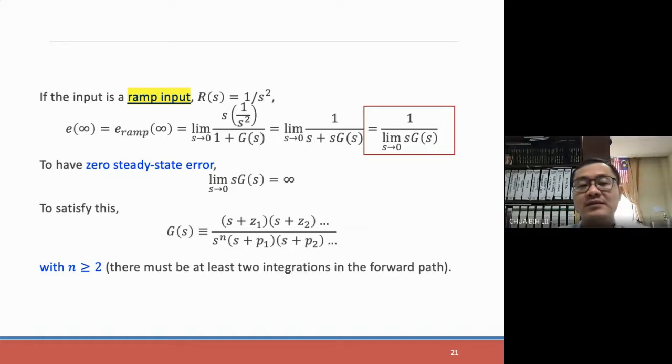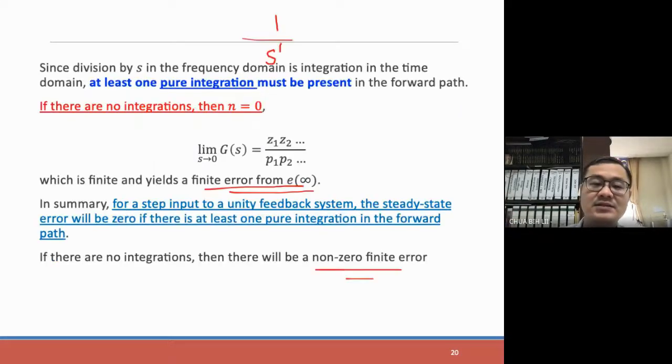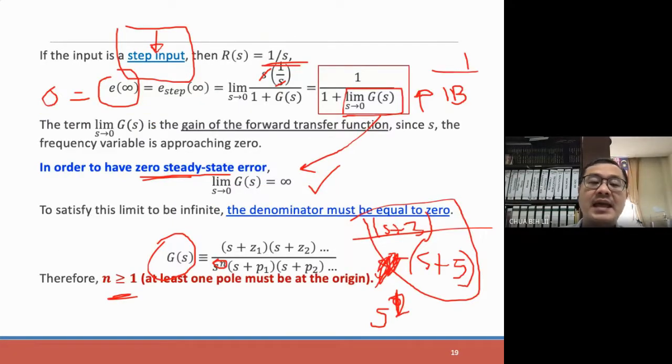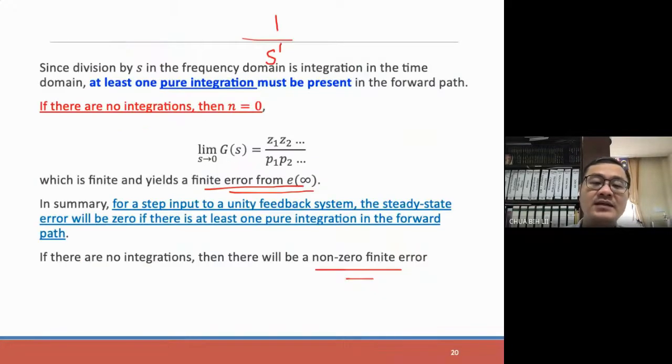After some time, when you keep practicing, you will notice that these characteristics occur, and without even solving, just by identifying the type of input and the integrator itself, whether there is an integrator or not, you would know whether the error would be 0 or whether there are values that you may need to calculate.